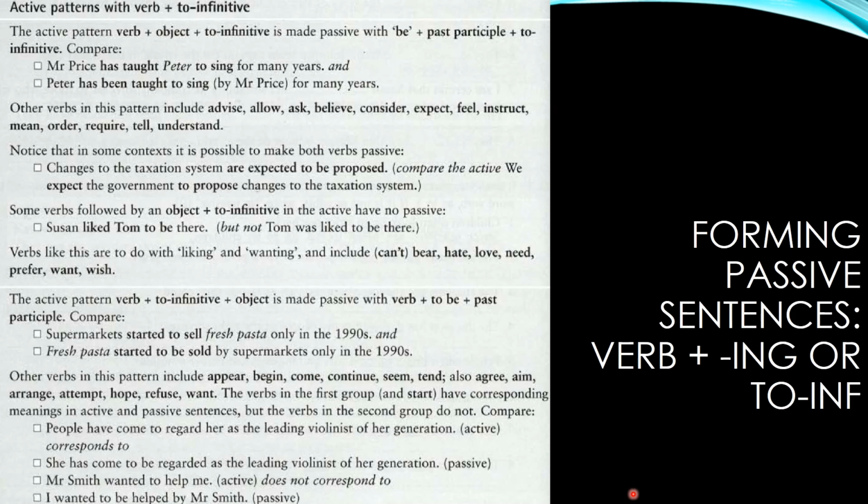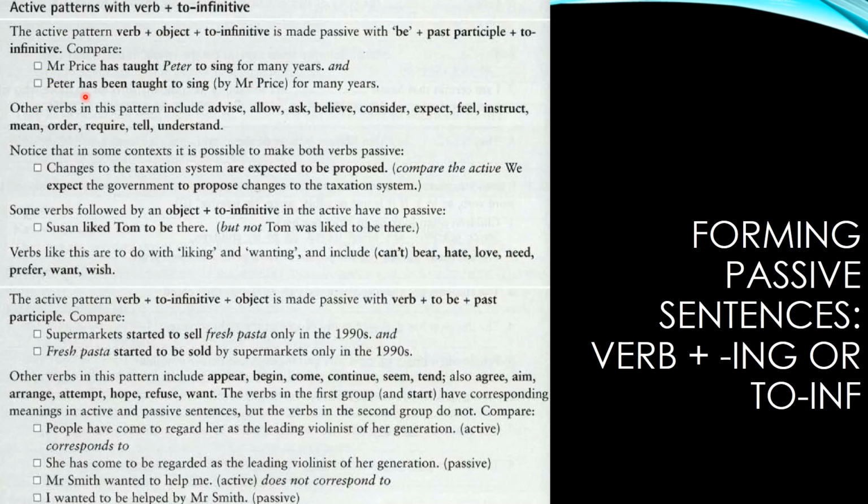And now let's look at the active patterns with the verb plus to infinitive. The active pattern, verb plus object plus to infinitive, is made passive with be plus past participle plus to infinitive. Look at these sentences. Mr. Price has taught Peter to sing for many years.